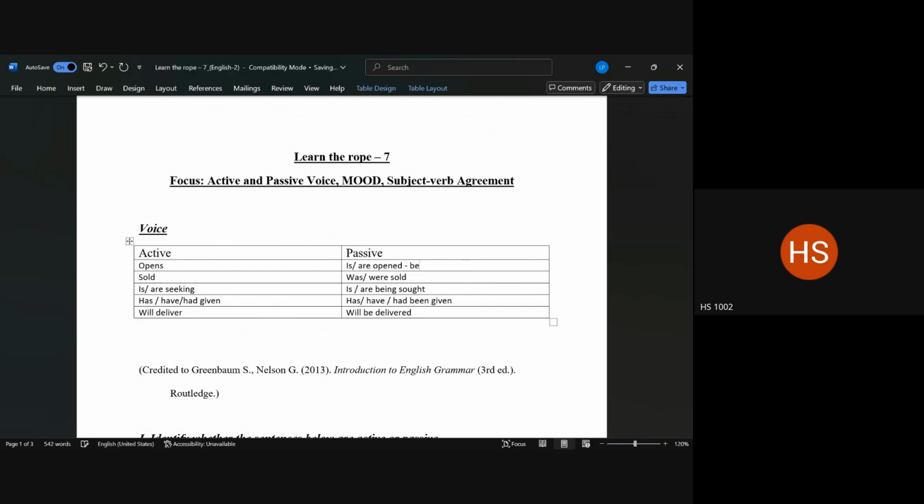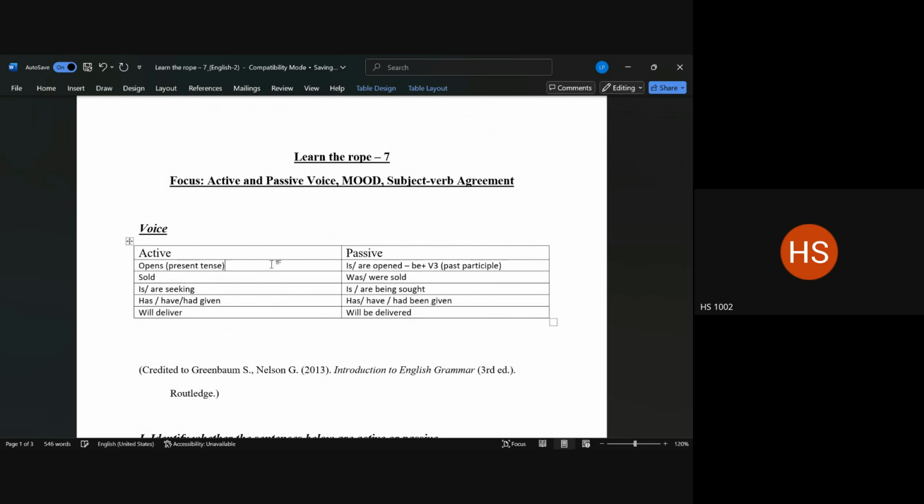Usually the root form that you give for the passive morphology is be plus the V3 form or the past participle form. Okay. Be plus the past participle form, V3 form. So if you look through that table, you will see the same thing happening to all the tense forms, right? So this one is present tense. Opens is in simple present tense.